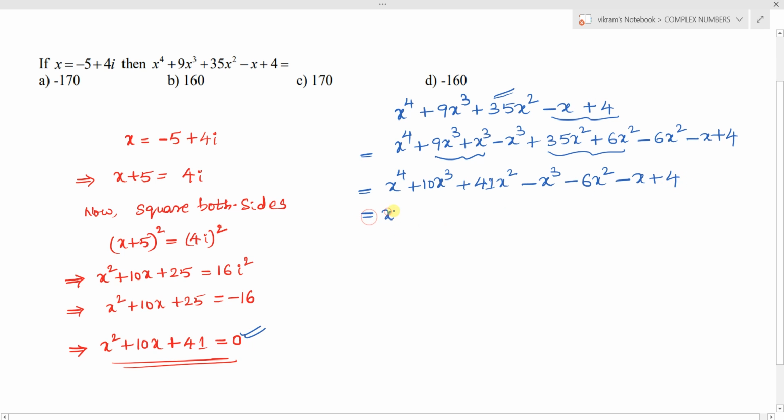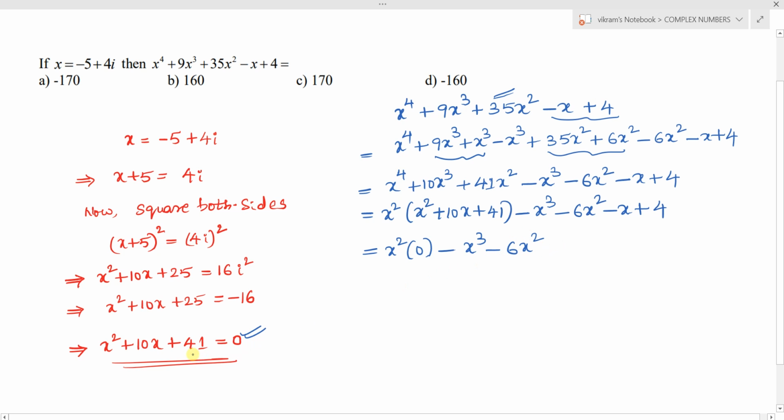Now x square is a common term, so we can write x square plus 10x plus 41 minus x cube minus 6x square minus x plus 4, and we know that the resultant of this one is 0.